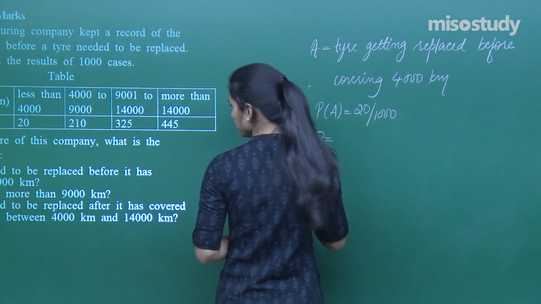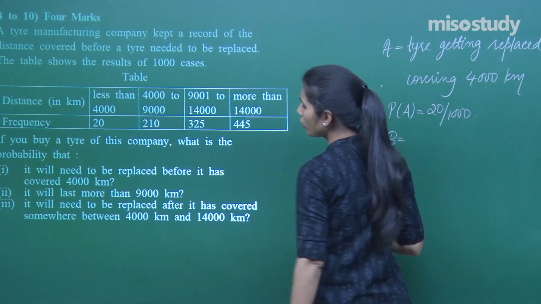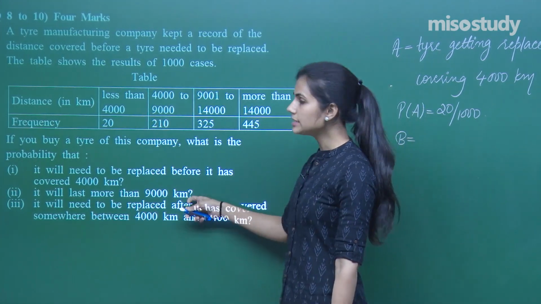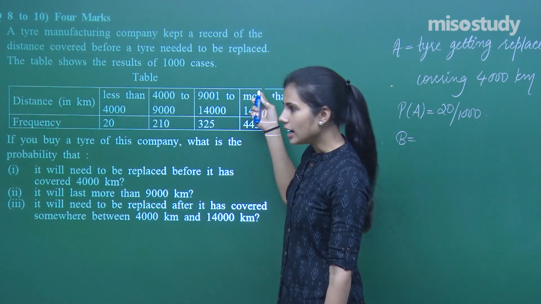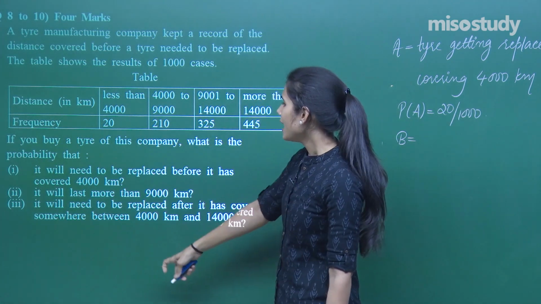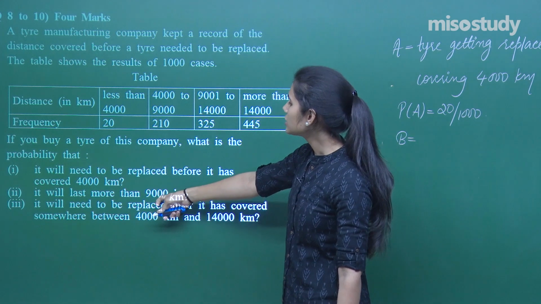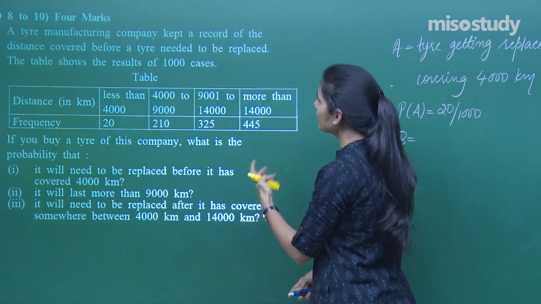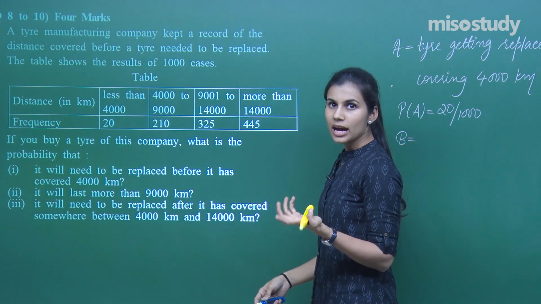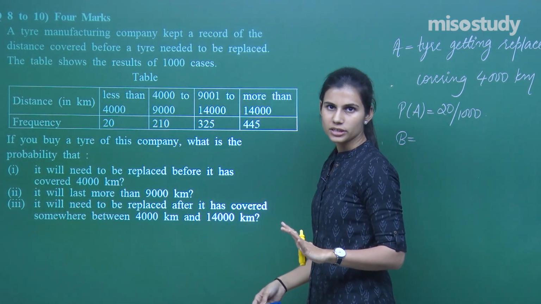Similarly, if I define B as it will last more than 9000 kilometers, that means more than 9000 it will last. What is the probability that the tire is going to last more than 9000 kilometers? That means it will have to be changed after it has covered 9000 kilometers.